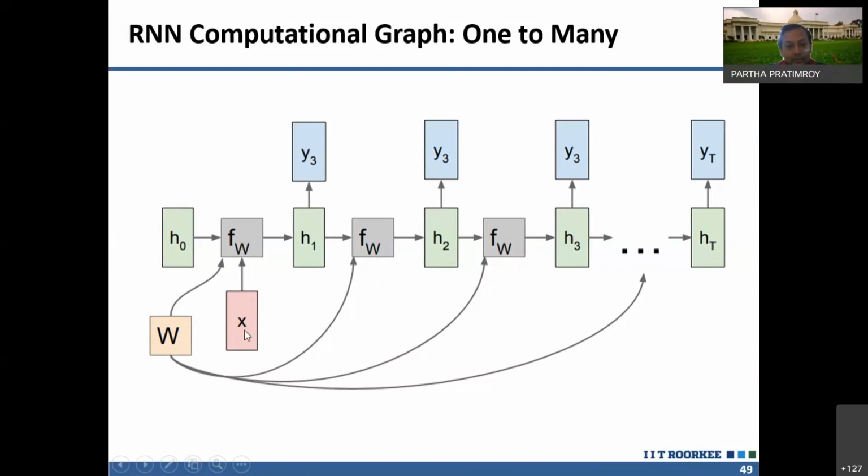For one to many, you are giving an input, and from the next layer onwards there will be no input; the xi's are zeros, and only the outputs are connected, and you get the results at the end. So from one input you are getting multiple outputs.